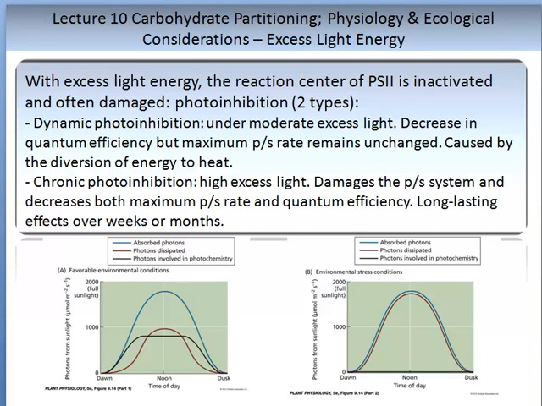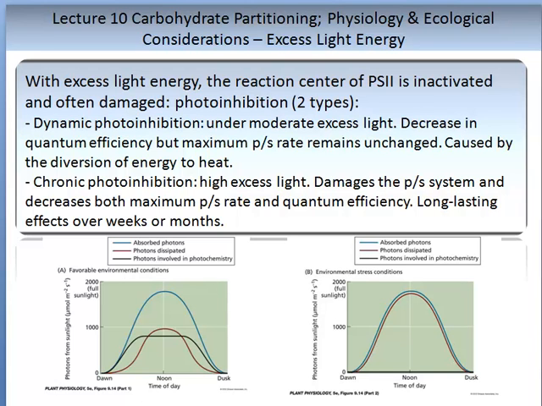With excess light energy, the reaction centre of photosystem 2 is inactivated and often damaged, and this is called photoinhibition. There are two types of photoinhibition, dynamic and chronic photoinhibition. Dynamic photoinhibition operates under moderate excess light, decreases in quantum efficiency, but maximum photosynthetic rate remains unchanged.